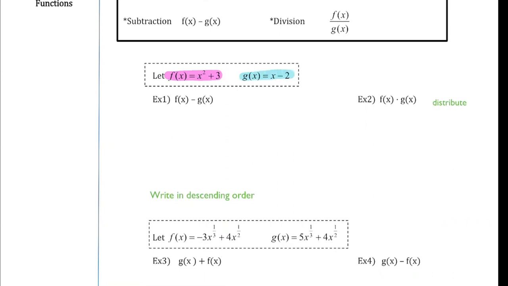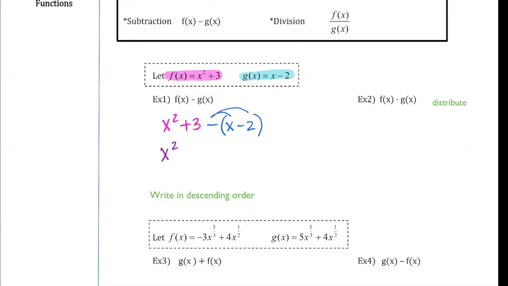All right, so when you do this, I'm going to use some colors here just so that we can see what we're doing. I'm subtracting g of x, which is x minus 2. If you're subtracting, remember to put parentheses around that function. You are subtracting all of it. Then you can go ahead and distribute that negative through.